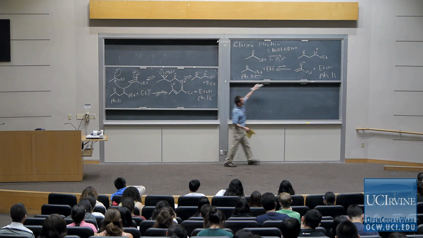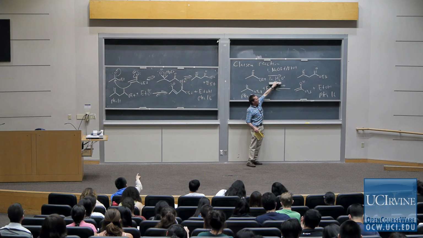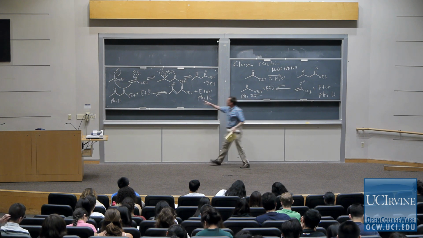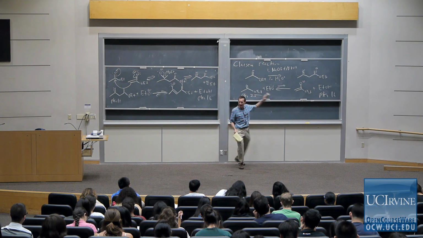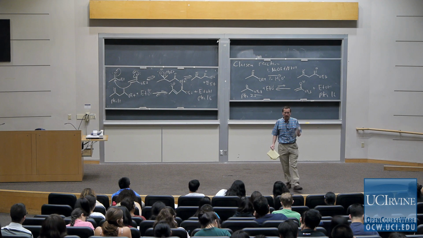Should we add some acid in the reaction to make the product? Absolutely. At the end of the reaction, we're not done yet here. I've just given you the mechanism for the condensation. At the end of the reaction, you add acid.